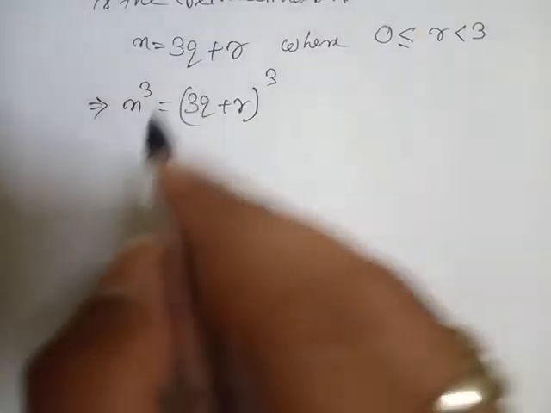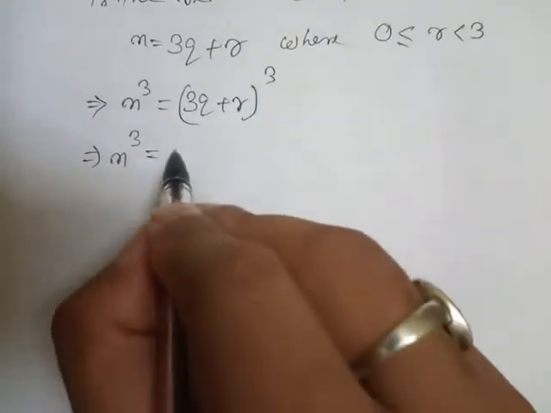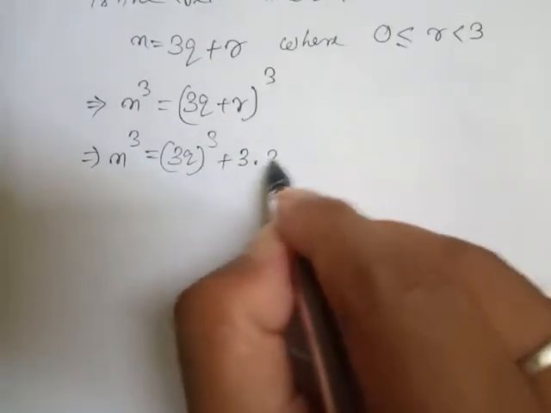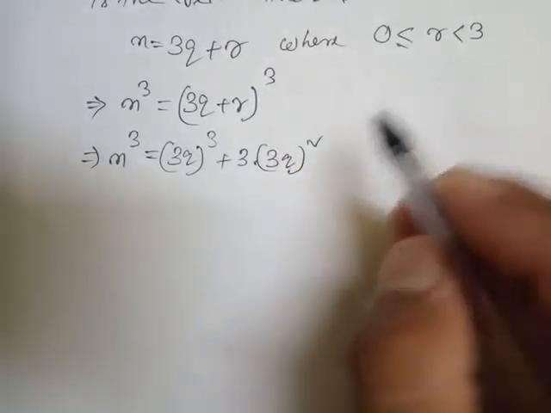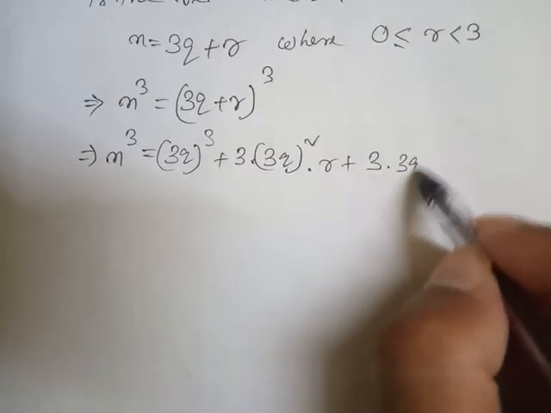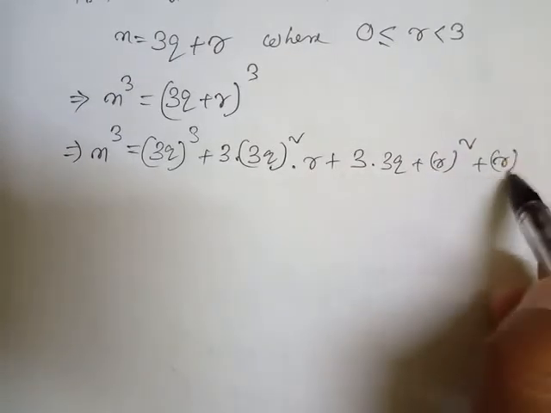Next, n cube equal to (a plus b) whole cube, which means a cube plus 3a square b plus 3ab square plus b cube. The last one is b cube.